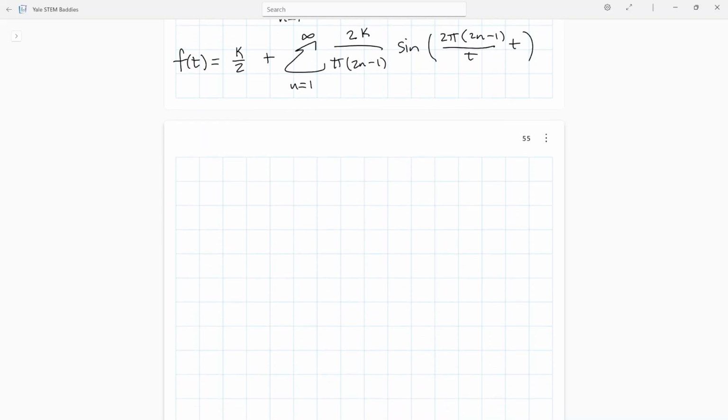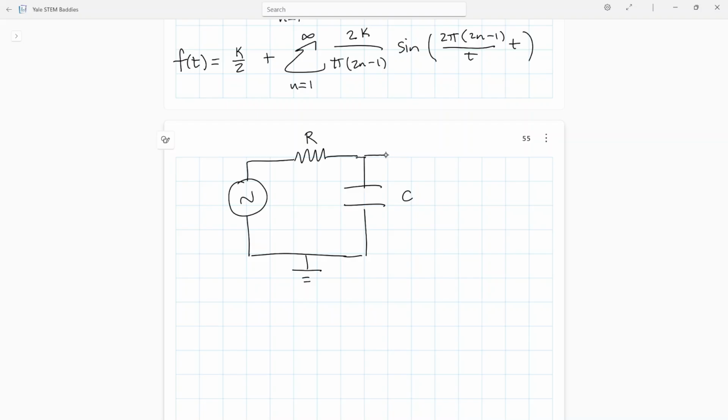Now that we've represented this system in terms of only pure sine waves, let's think about how we can apply the method of phasors to this analysis. In our RC circuit, remember we had a resistor here, some sort of capacitor here, and then we were measuring the voltage right here.